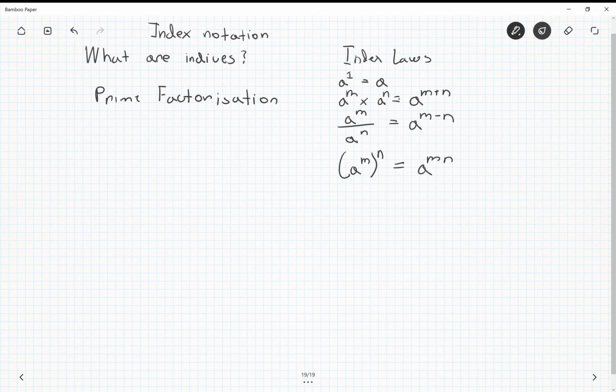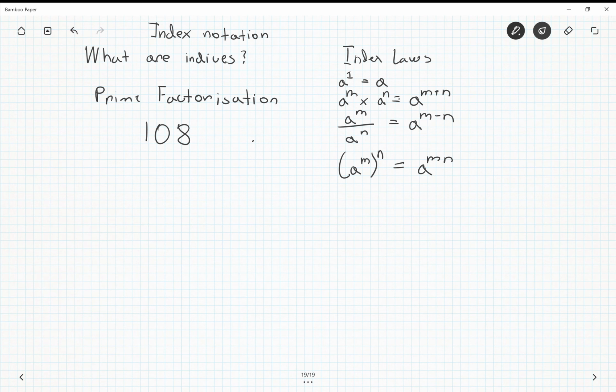So prime factorization is basically writing a number as a product of its prime factors. Prime factors would include 2, 3, 5, and these are because they can't be divided by any number except itself and 1. So let's say we have the number 108. We have to write this number as a product of its prime numbers.